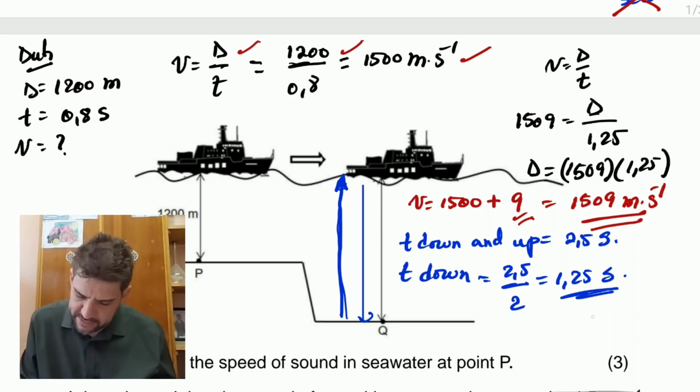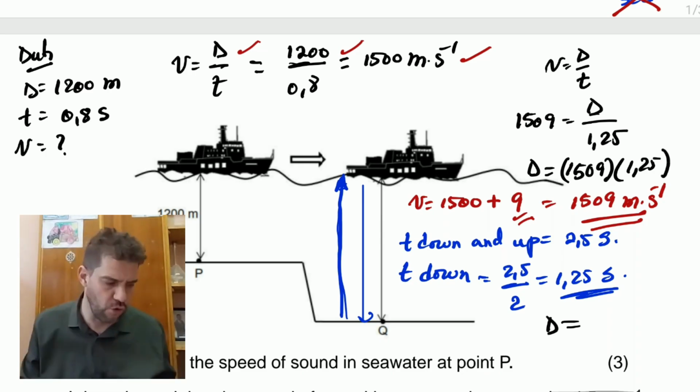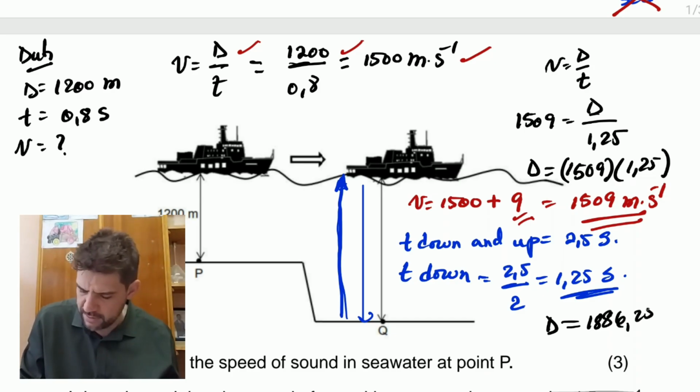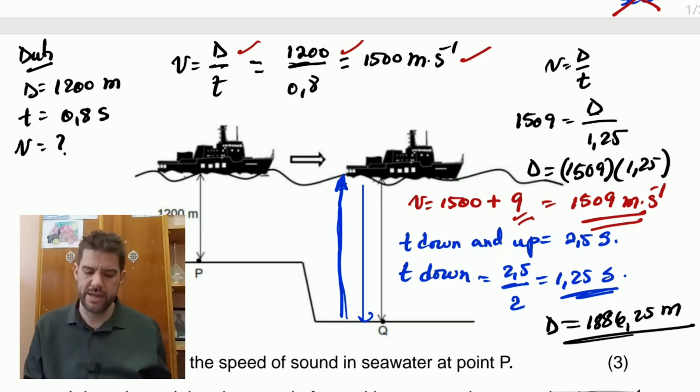So the distance here, the depth of the ocean at that point, is 1,509 times 1.25, that one is 1,886.25 meters. Guys, we are done.